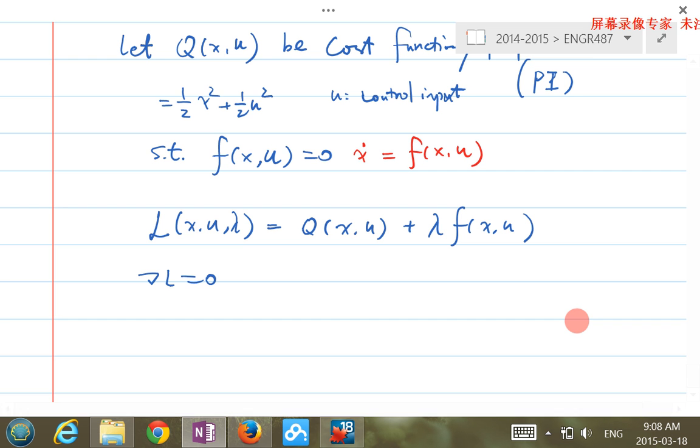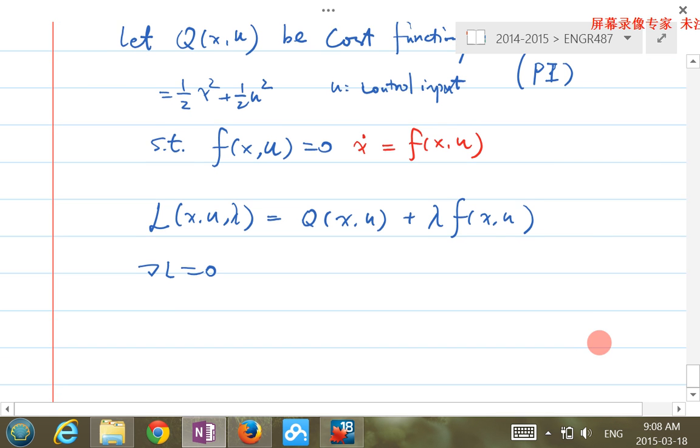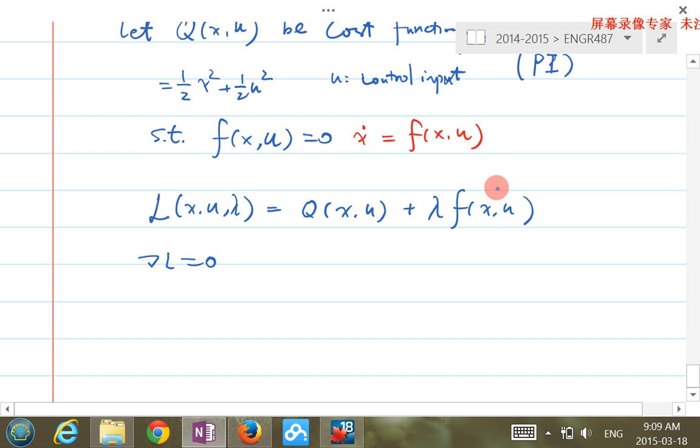But the other thing is, what we might have is not just one constraint. We may have multiple constraints. If you have a system of order other than 1, maybe a second-order system with a state space equation, representing a system of order 2 or 3, then you would have 2 or 3 state equations, right?